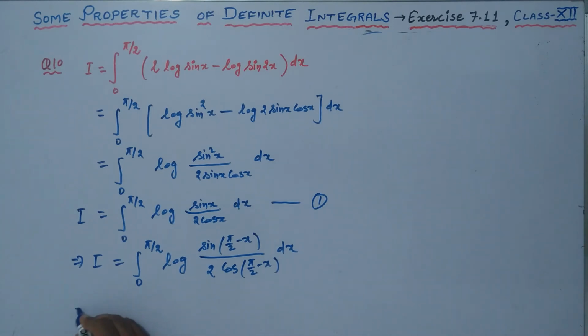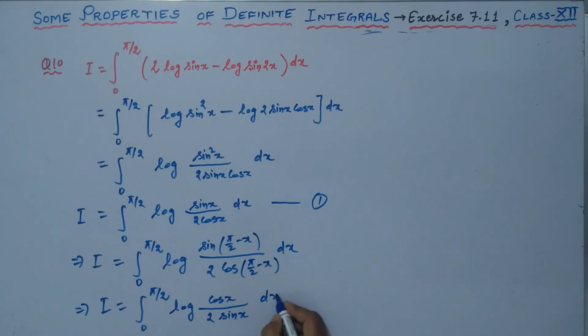So this way I is equal to integral 0 to pi by 2 of log of sine pi by 2 minus x, meaning cos x, divided by 2 cos pi by 2 minus x, meaning sine of x, into dx. Say this is equation number 2.